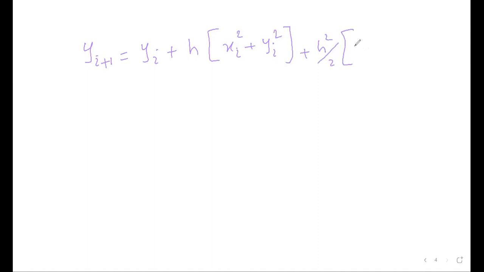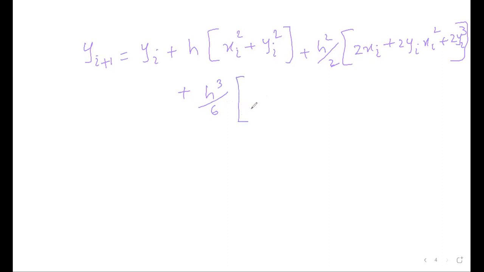My y i plus 1 I can write as, if you substitute these values, h times my f(x,y), that is xi square plus yi square, plus h squared by 2 times 2xi, 2yi cube. Okay, this is my second term. Third term, after that, it's h cubed by 6. 2 factorial will be 2, 3 factorial will be 6.